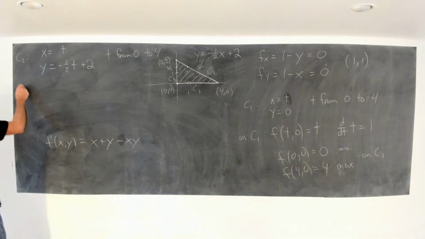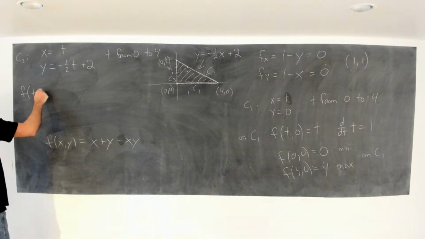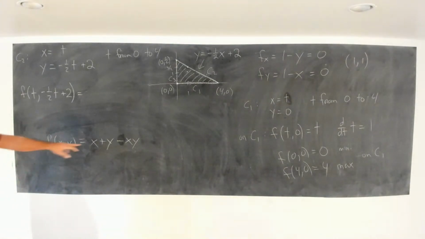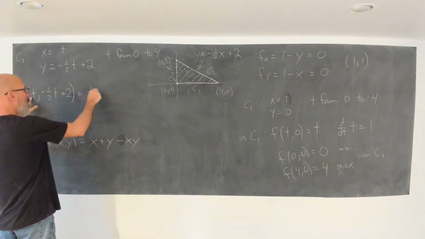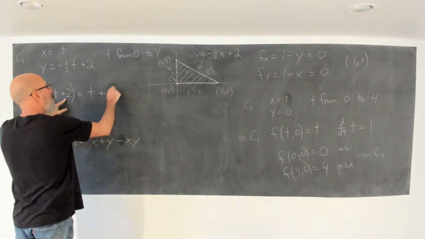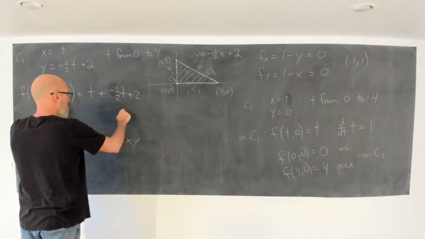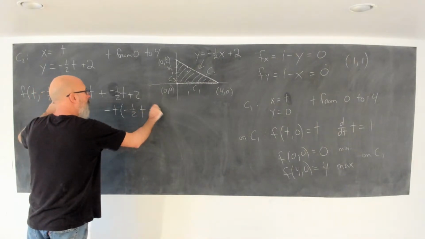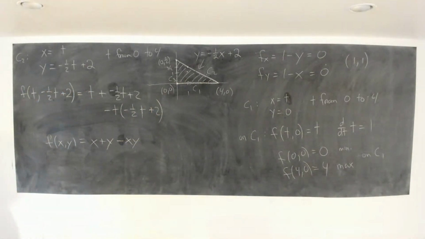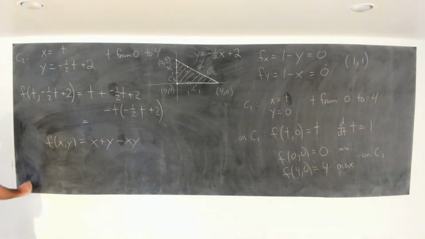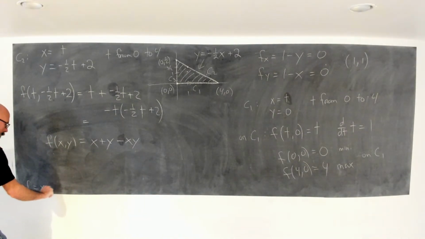So now let's look at our function on that line. So when x is t, y is this. Let me just rewrite my function here so I don't forget.